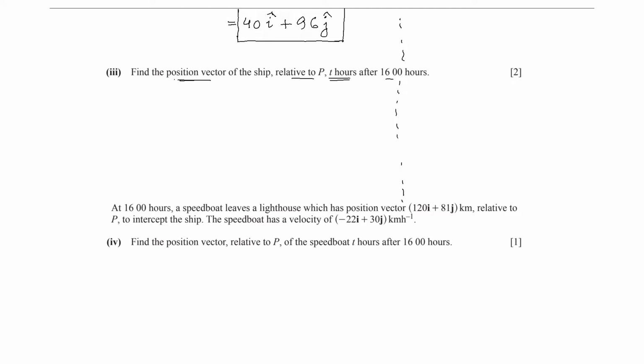But what is the relationship between new position vector, old position vector, velocity and time? Let's write the relationship here. So new position vector is equal to old position vector plus velocity times time.